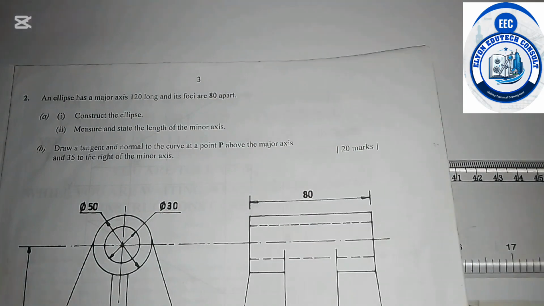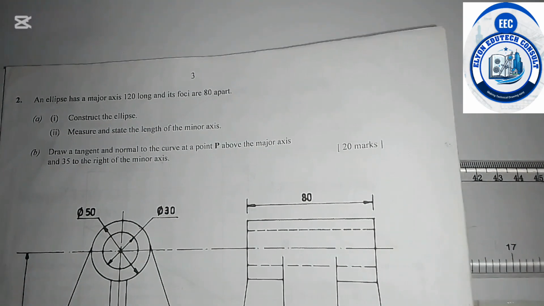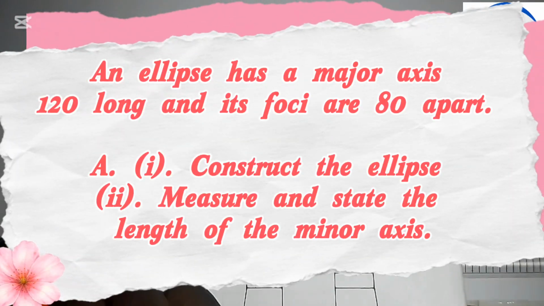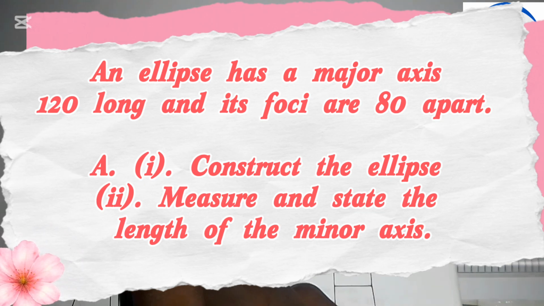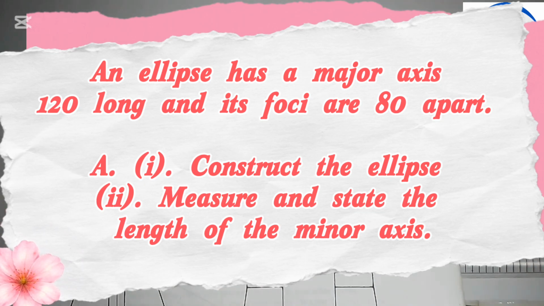The question says an ellipse has a major axis 120 long and its foci are 80 apart. A, Roman figure 1: construct the ellipse.